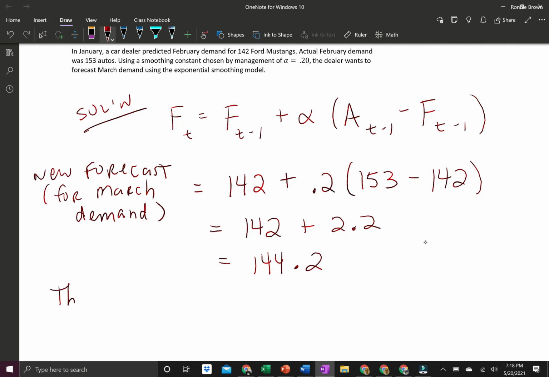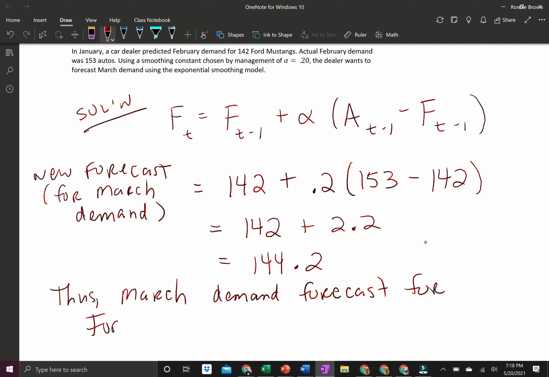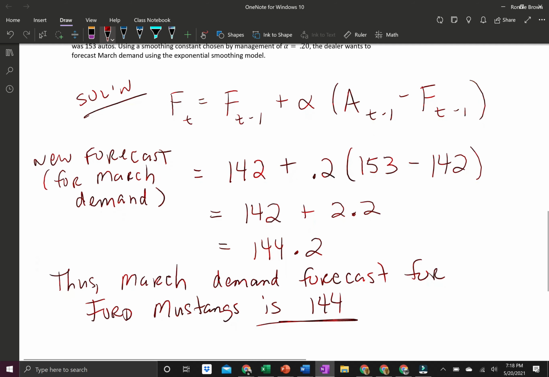So thus we can say that the March demand forecast for the Ford Mustangs is, and we round it to 144. So we developed a forecast of 144 Ford Mustangs for the month of March.